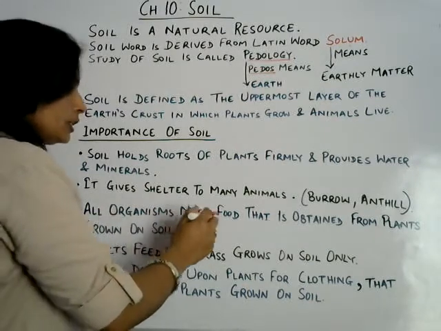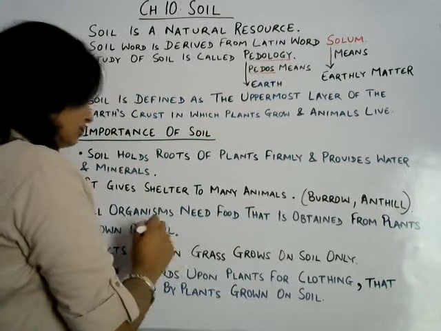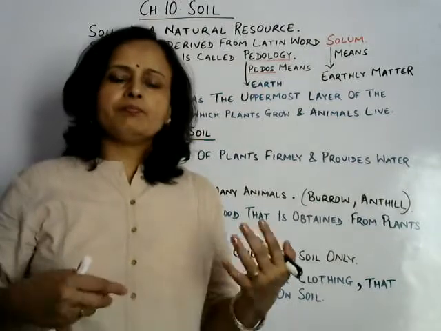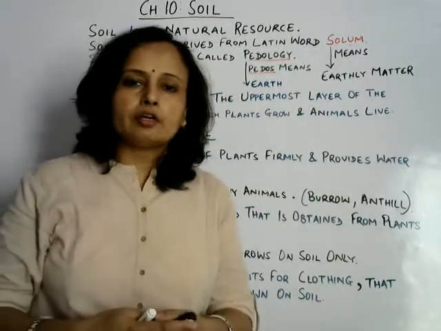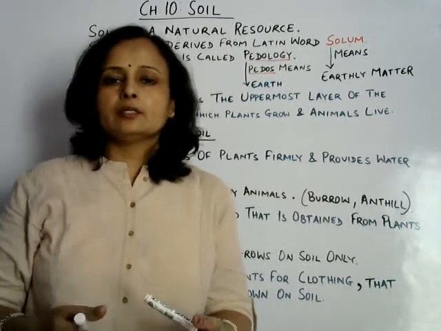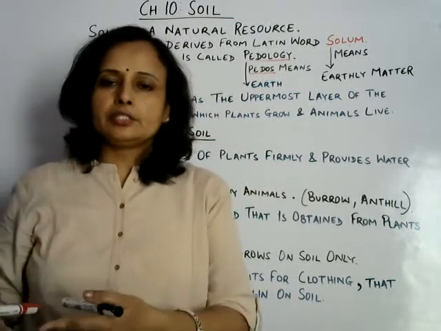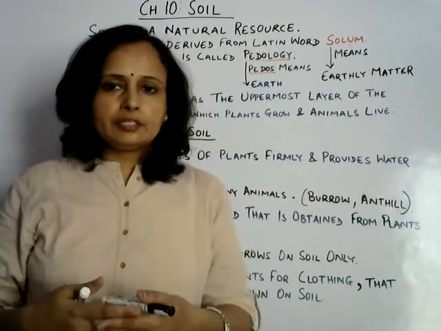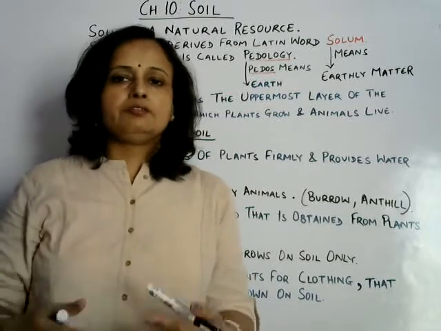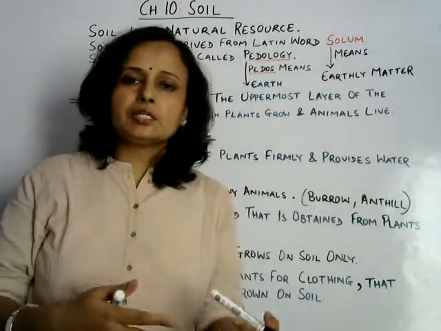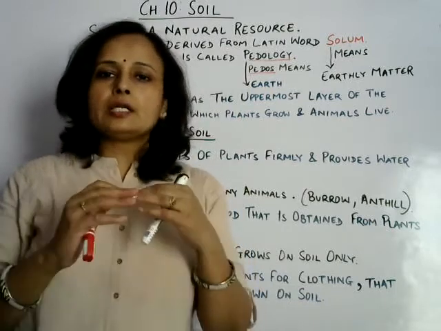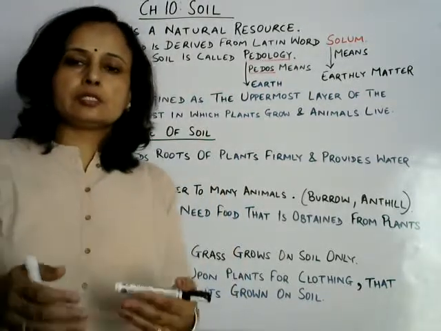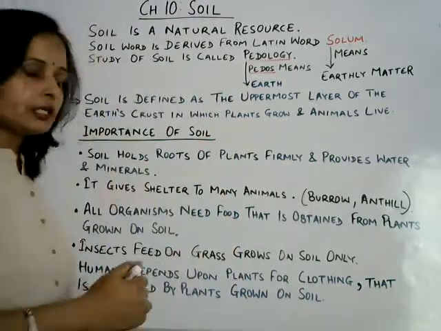Now all organisms need food that is obtained from plants, and plants can be grown on soil only. We all need food for survival, for energy, for doing different kinds of work. That energy कहाँ से मिलेगा हमें? Obviously from food. And from where can we get food? From plants. Either we are herbivores, vegetarians or non-vegetarians, we ultimately depend upon plants for our nutritional requirement.